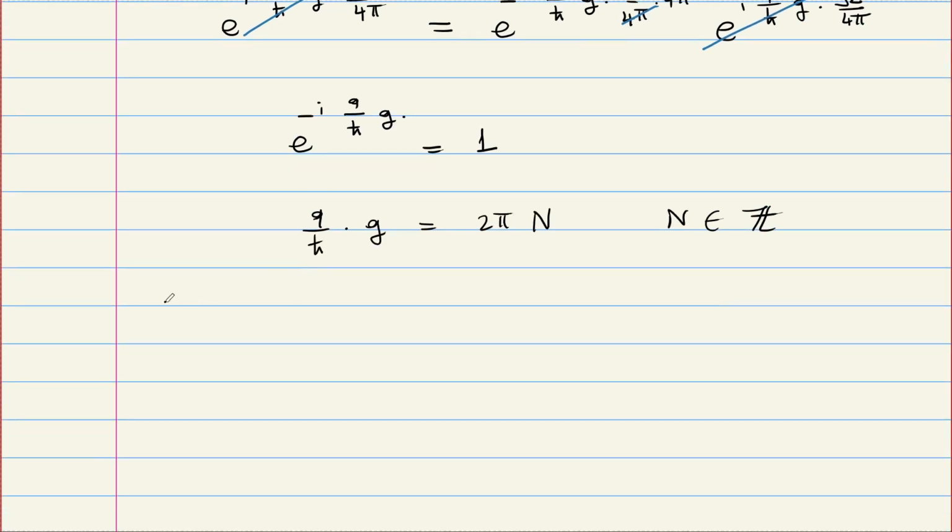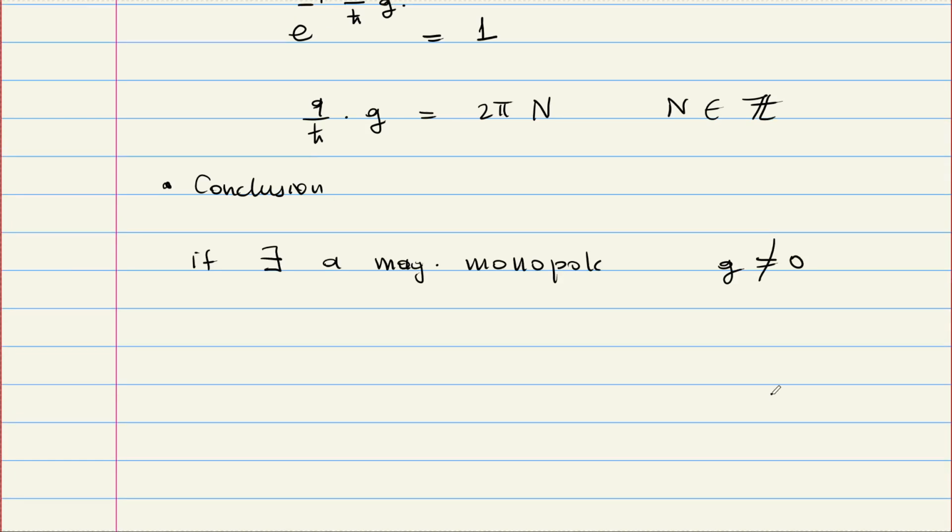So, conclusion: if there exists a magnetic monopole, that means if g is non-zero, then q is equal to 2 pi h bar divided by g times n, and n is an integer.